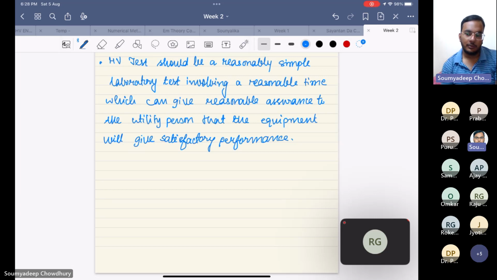So that we need to simulate. We need to understand the chemical composition of the bird droppings, and then we need to simulate an identical condition in the laboratory, and then understand how it is performing and how much buffer we should give, how much extra voltage it should withstand. Suppose the working voltage is say 10 kV.